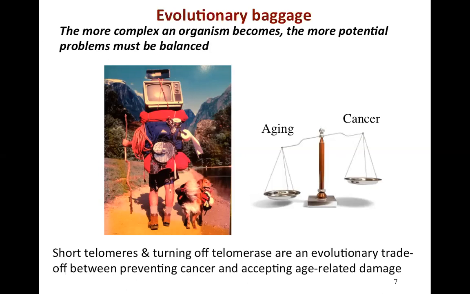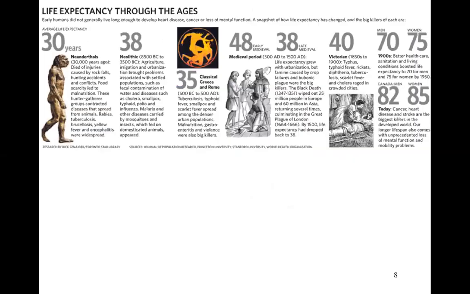But at the same time, because we expect to live for several decades, it is important that we constantly have these shortening telomeres because they help make sure that differentiated cells, the 11 trillion or so, or 20 or so trillion differentiated cells in our bodies, right, don't actually have time to stick around and become cancer. So what do I mean that this is a trade-off between preventing cancer and accepting age-related damage?